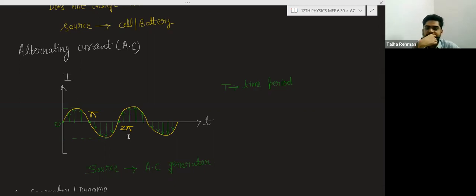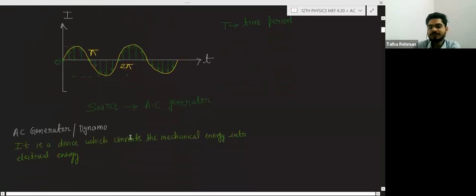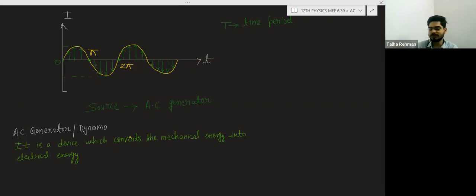Alternating current is given by the AC generator. So the next topic is the AC generator or dynamo. What is the AC generator? Mechanical energy is converted into electrical energy. In an AC generator, there is a coil, and that coil is rotated in a magnetic field.